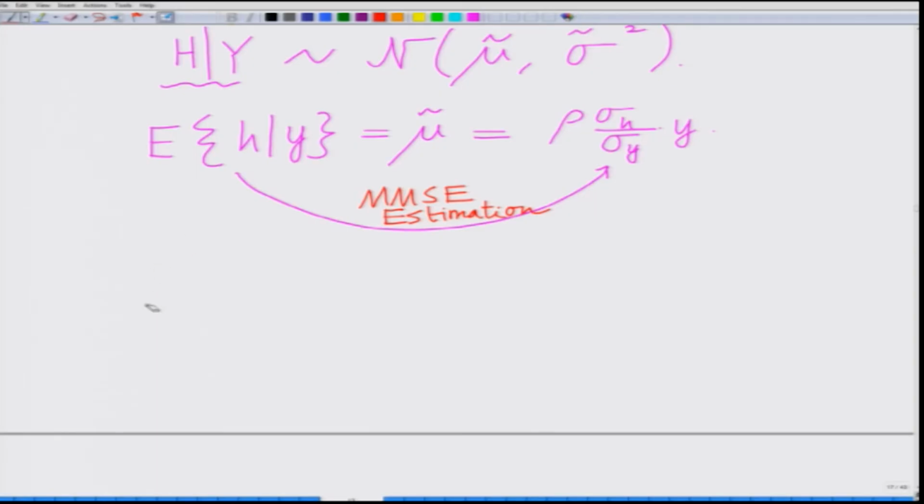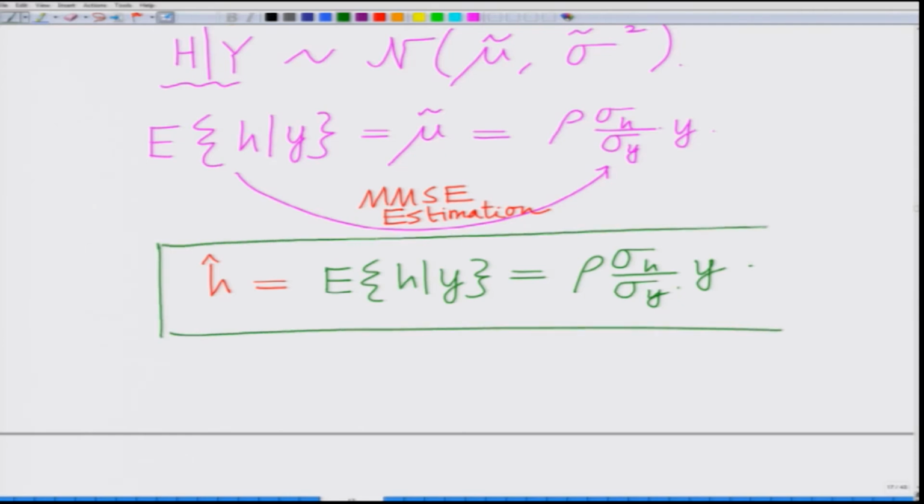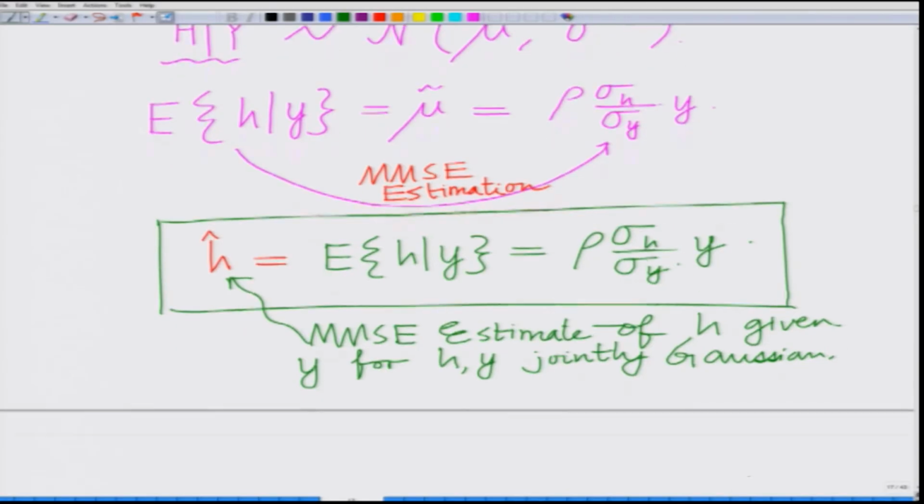So, this says that the MMSE estimate H hat equals expected value of H given Y equals rho sigma H divided by sigma Y times Y. This is the MMSE estimate of H given Y for H comma Y, that is the parameter and the observation, when they are jointly Gaussian random variables, all right.